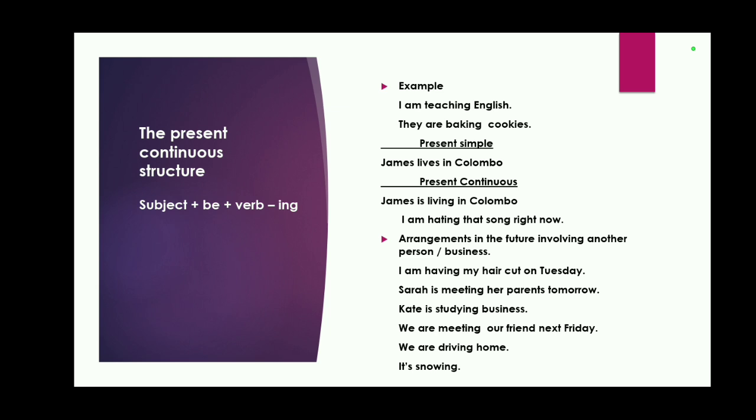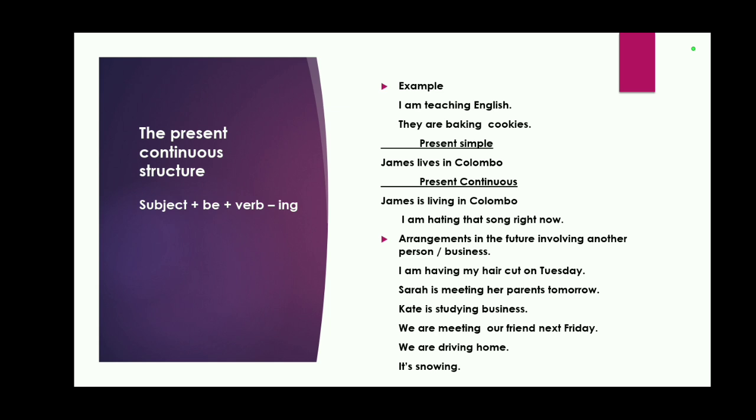But in the second sentence, I use the present continuous because I think his situation might be temporary. He is living in Colombo now, but I don't know what might happen in a few weeks or a month. Perhaps he is studying there or he is working there for a short time.